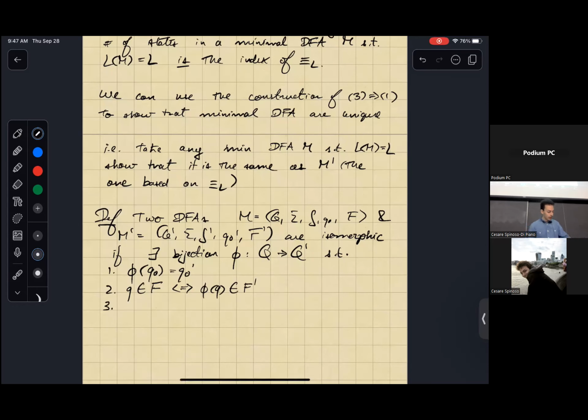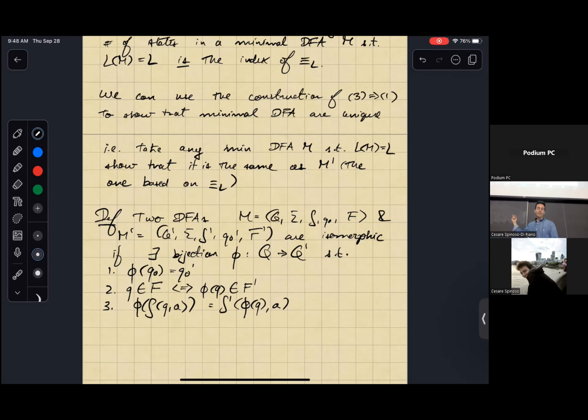And the last property is maybe the most funny looking one: if you take the output of the transition function when it's given, let's say, q and a letter a, and you map that with the bijection, then this will be the same as if you had initially mapped q with the bijection, read the letter a, and then used M prime's transition function. So this is what the bijection must satisfy in order for these 2 machines to be isomorphic.